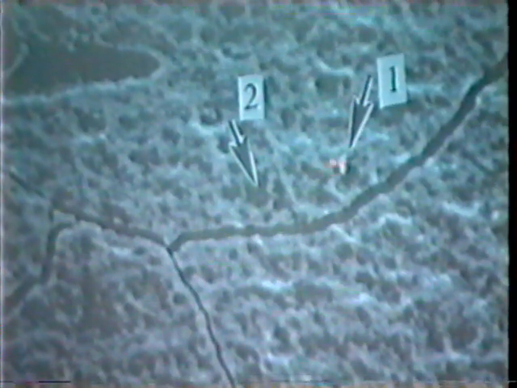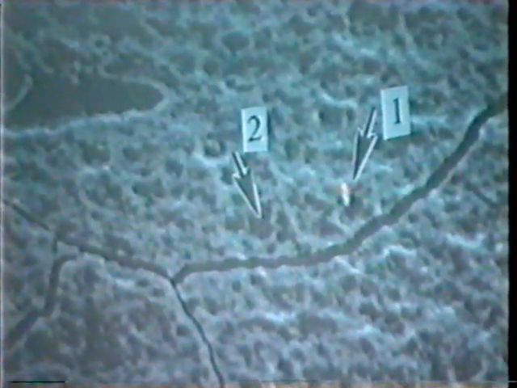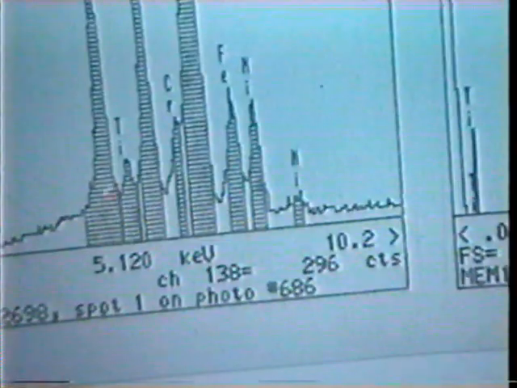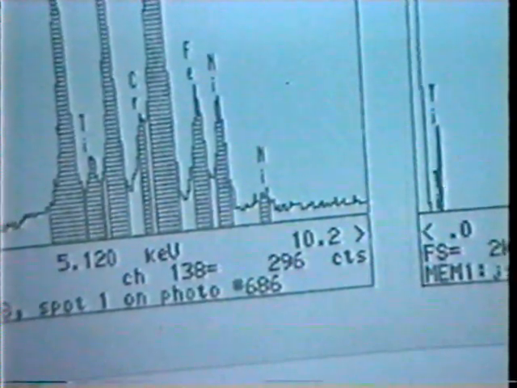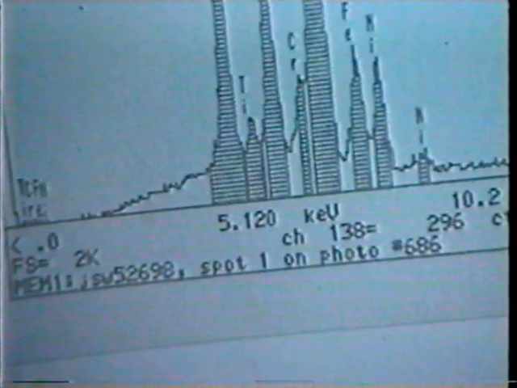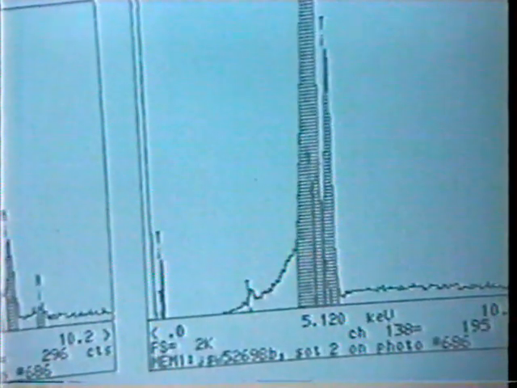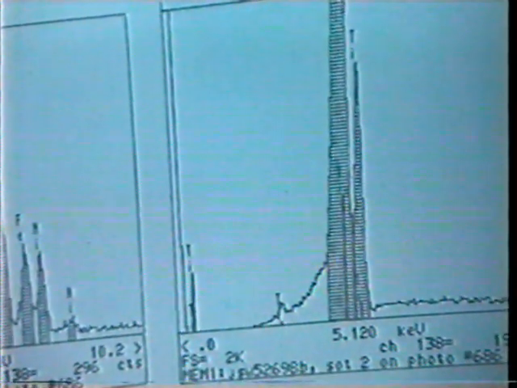One is a little bright thing sticking up here, which doesn't come off from ultrasonic cleaning, so it's pretty well attached. It gives these peaks: in addition to titanium, a big chromium peak, big iron peak, big nickel peak. Whereas the place right next to it, 2, which looks dark in this picture, shows only titanium.